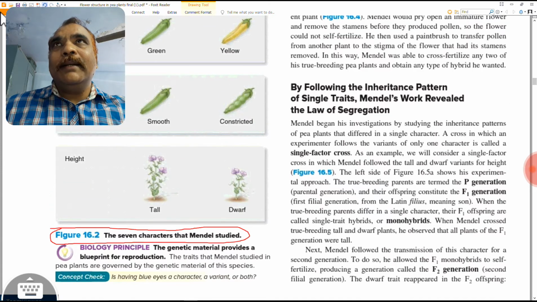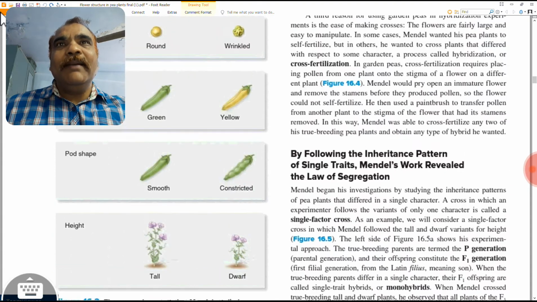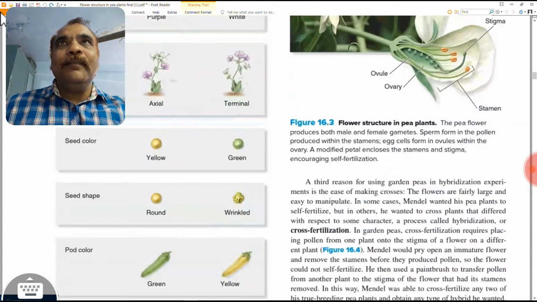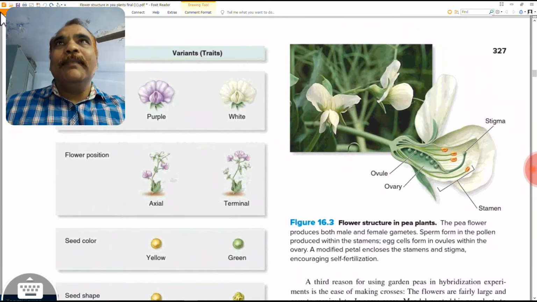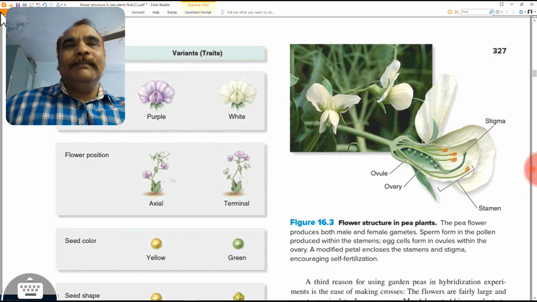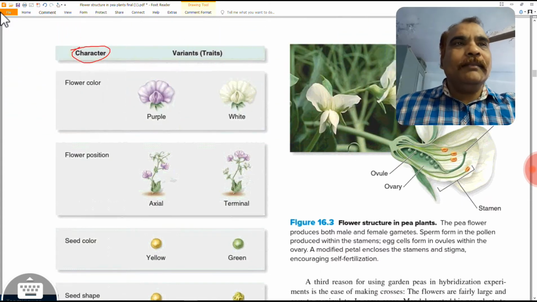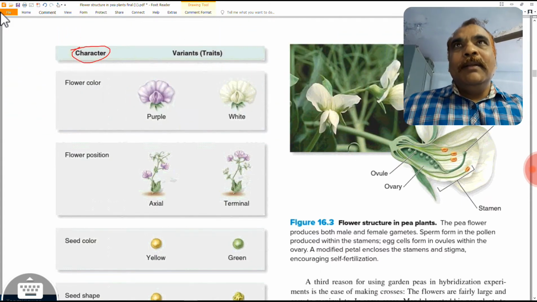These are the 7 characters. On the left hand side you see character, and variant or traits.